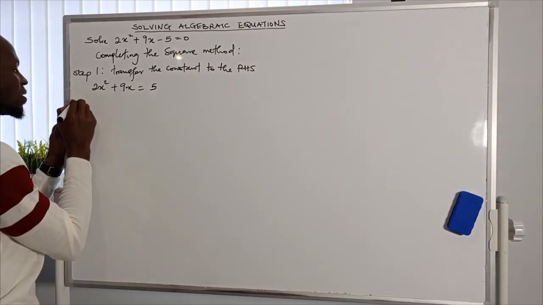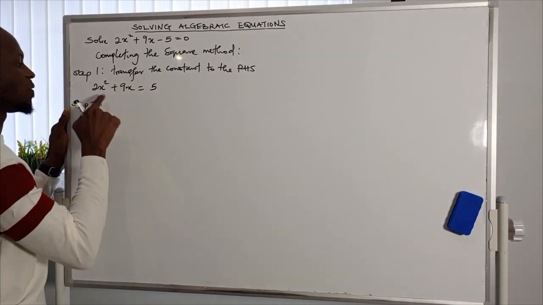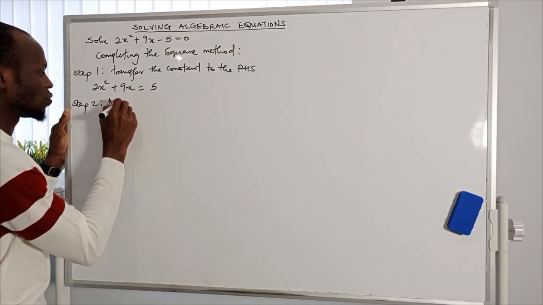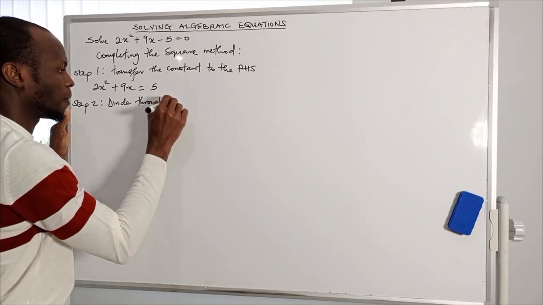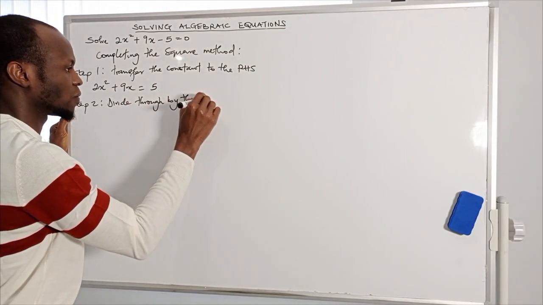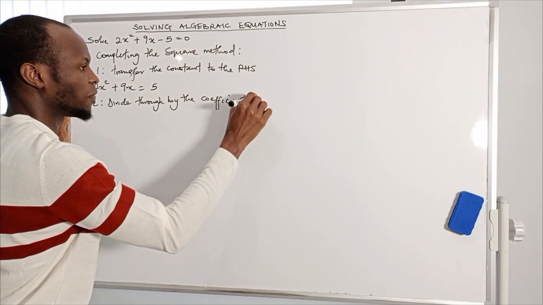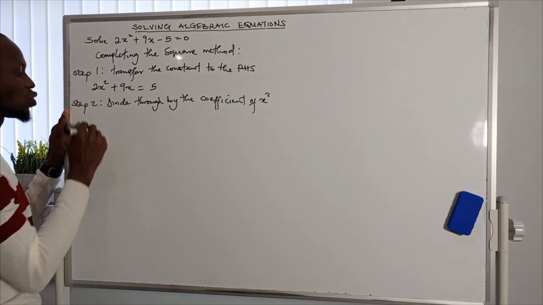Okay, now the second step, step 2, is to divide through by the coefficient of x squared. The coefficient of x squared in this equation is 2.